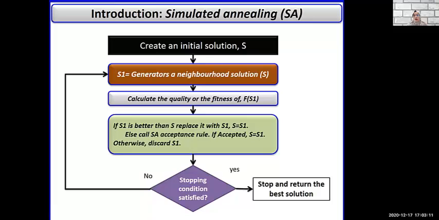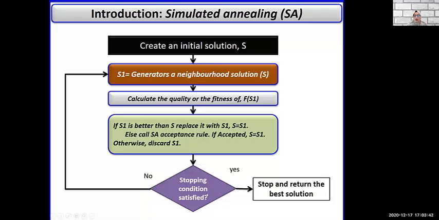Hill climbing only accepts good quality solutions, but simulated annealing can accept a little bit worse solution in order to escape from being trapped in local optima. So simulated annealing can accept a little bit worse solution, depending on the simulated annealing acceptance criteria.